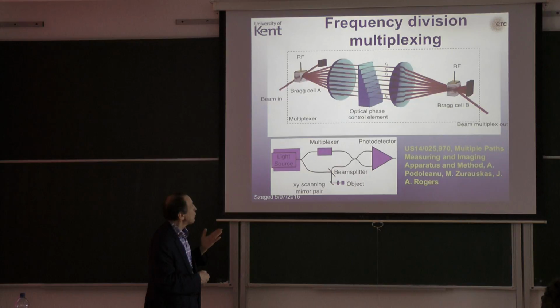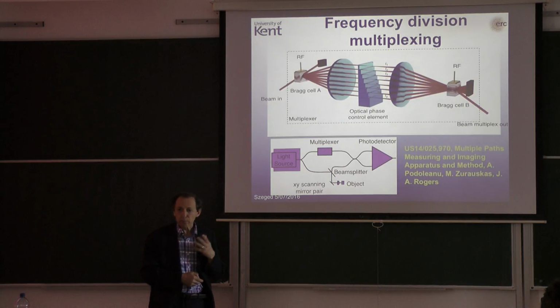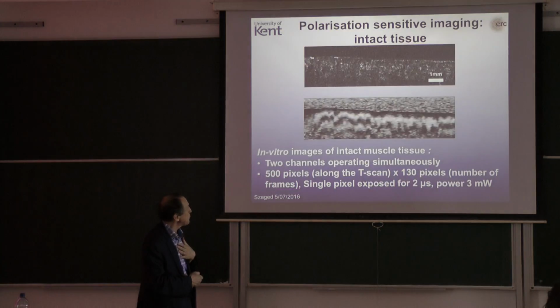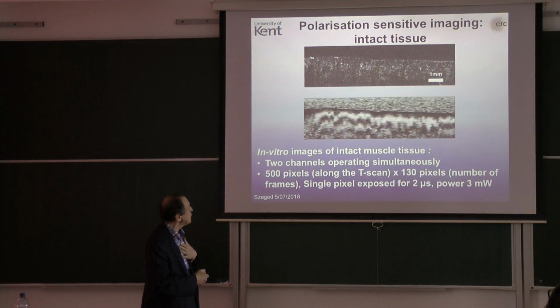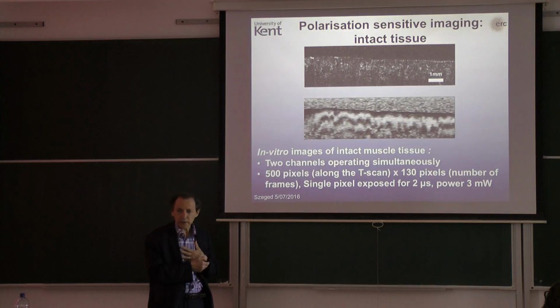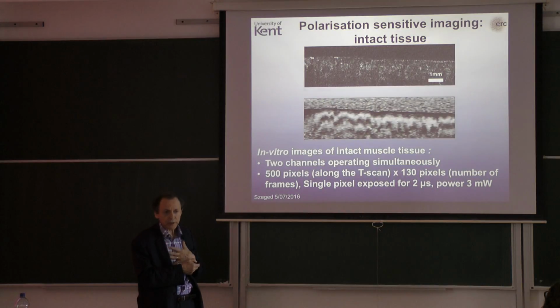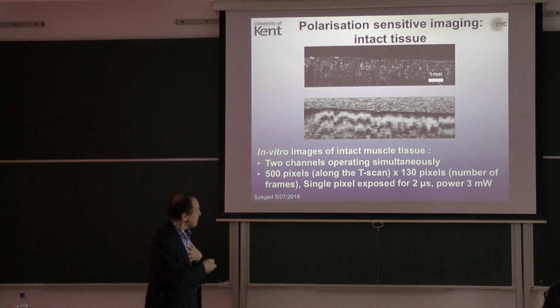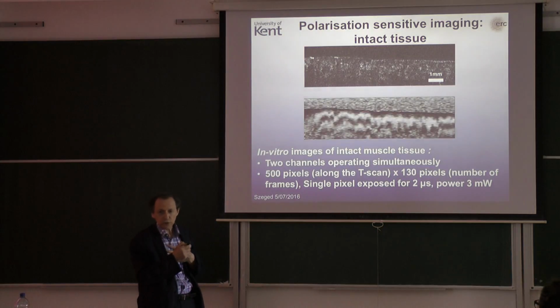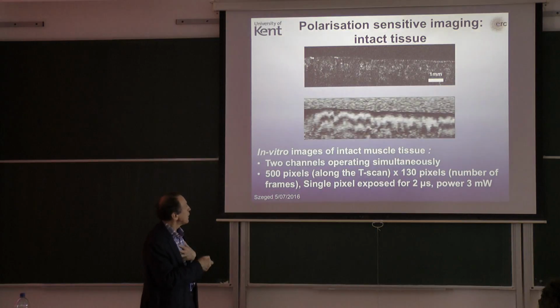More about producing more channels by multiplexing, and again polarization. Mantas Urauskas obtained his PhD in an ERC grant, and he looked at this multiplexer, delivering polarization sensitive imaging. If you heat the tissue, you destroy the collagenous links, and I should stop soon.